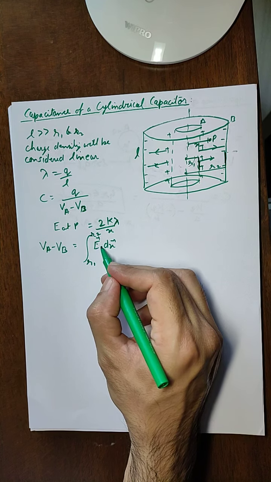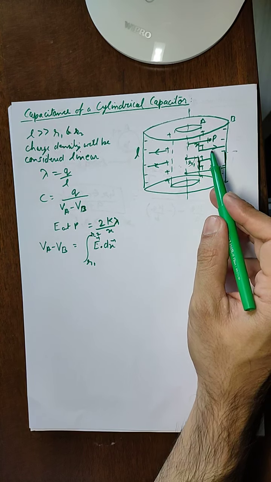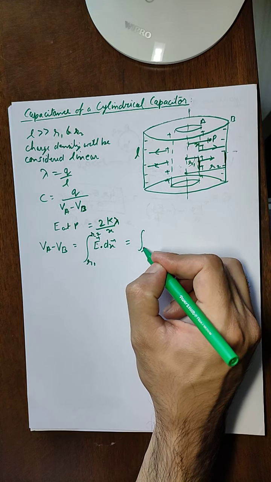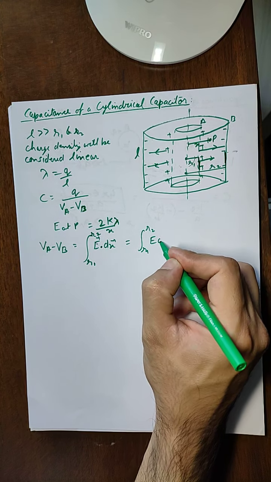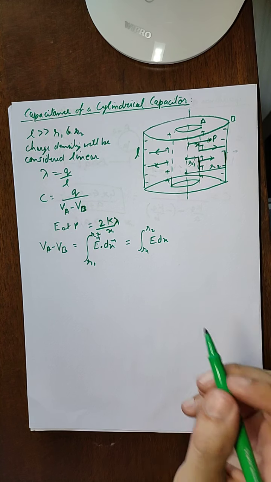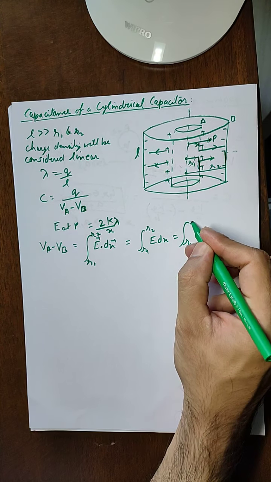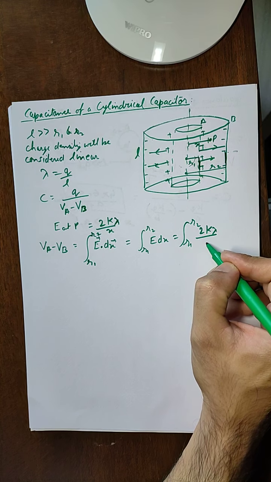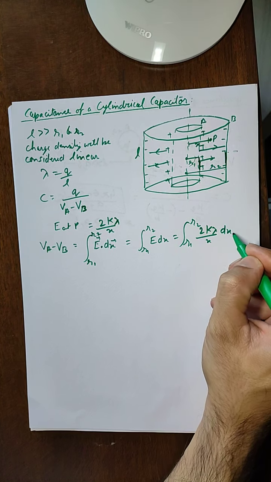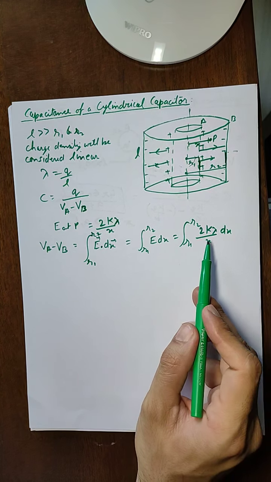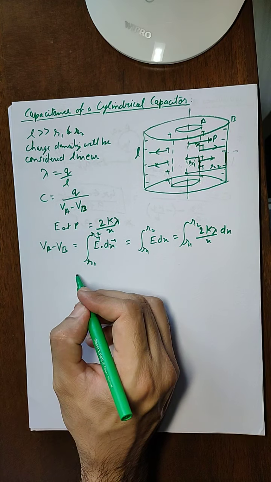Now we can ignore the dot product because both E and dx are in the same direction. So we can simply write it as the integral from R1 to R2 of E dx. Putting the value of E, we get 2k lambda by x into dx, where 2k lambda can be taken out as a constant, and inside we get the integral of 1 upon x dx.